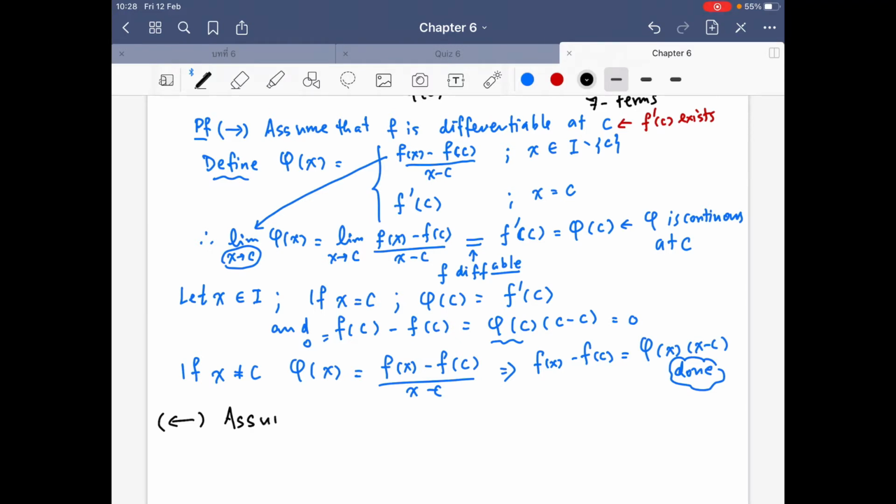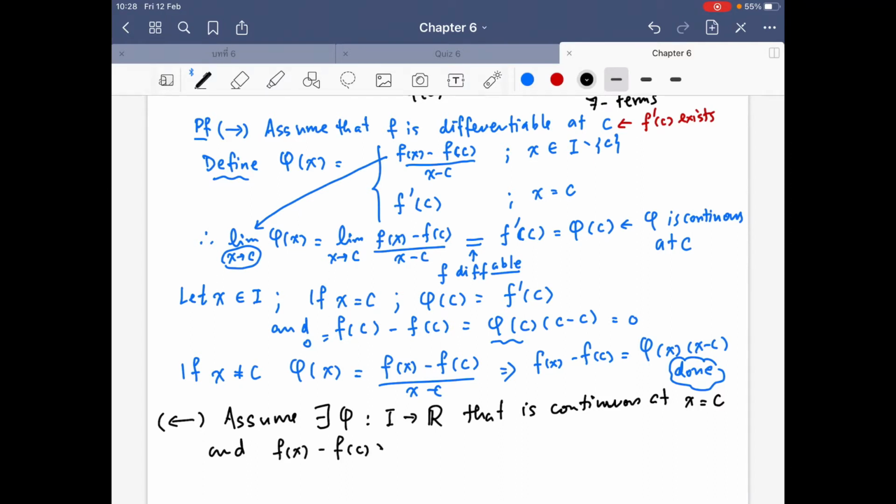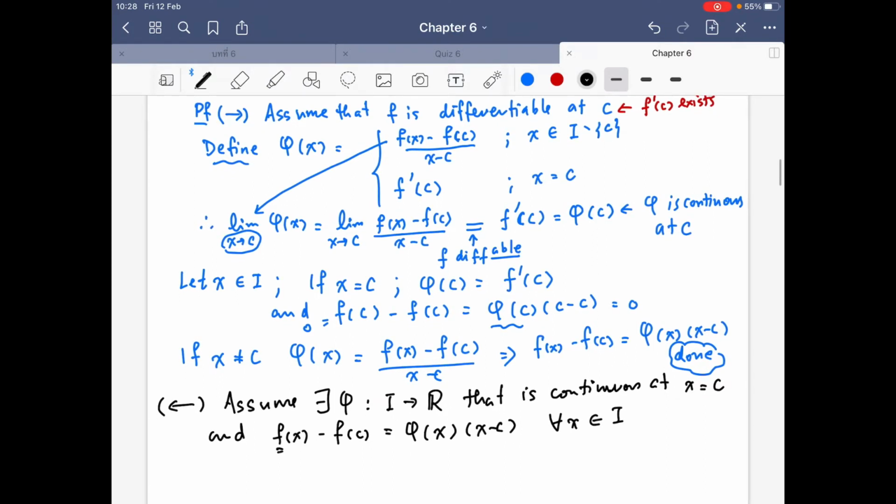So let us assume that there exists a function phi from the same interval that is continuous at the point c, and has this property that f x minus f c equals phi x times x minus c for all x in I. We are going to prove that your f is actually differentiable at the particular point c.